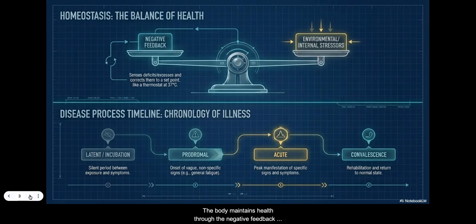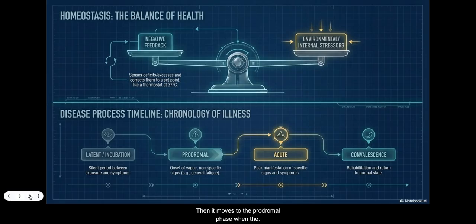The body maintains health through negative feedback loops, which act like a thermostat, correcting deficits or excesses and setting things back to the set point. When stressors overwhelm these loops, a disease process begins. This timeline follows a specific chronology. It starts with the latent or incubation period, which is the silent phase.